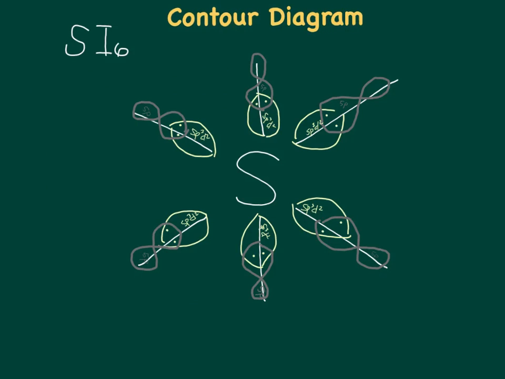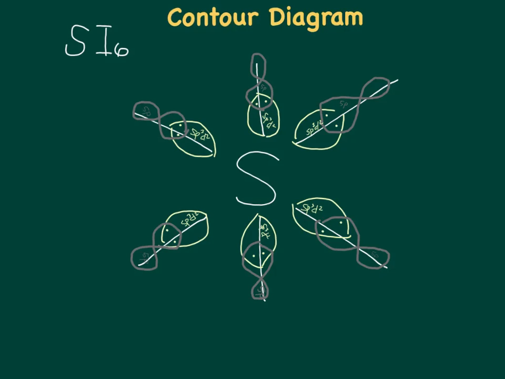So I went ahead and already drew the contour diagram for sulfur hexaiodide just in order to save some time. So here we have our sulfur, the central atom, and you can see that I followed the octahedral shape. So here we have our sp3d2 orbitals, which we saw when we hybridized in the slide before this one. And then here we have our 5p orbitals that I drew in gray, which are represented by our iodine atoms.